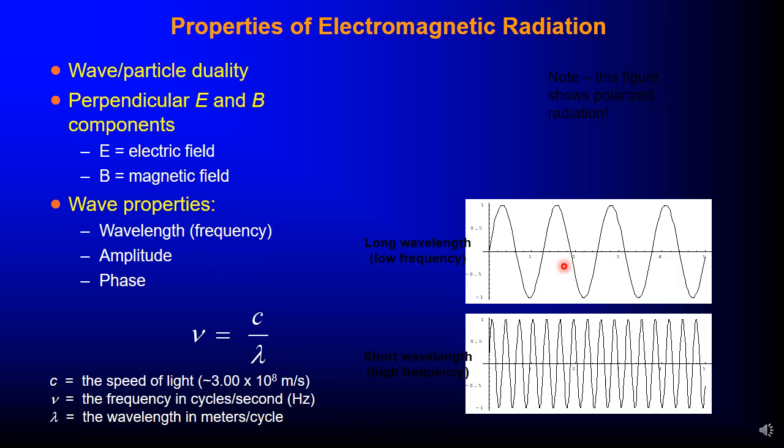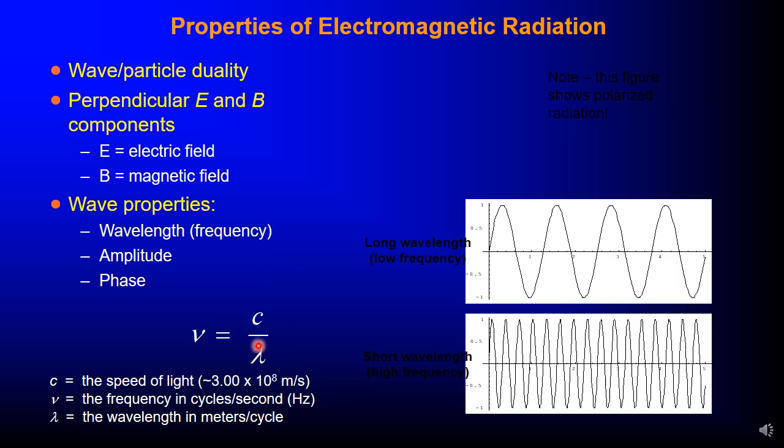You can see here, for example, it means that if we have electromagnetic radiation with shorter wavelength, then the frequency will be high.